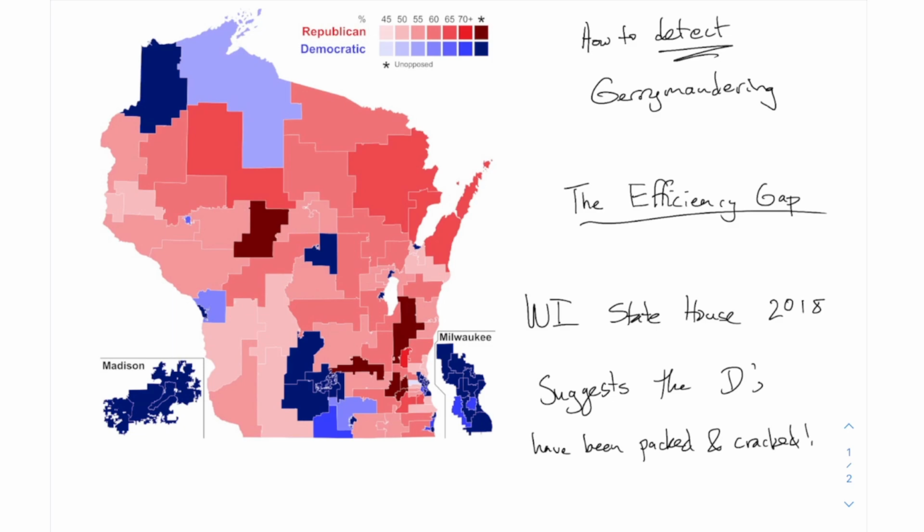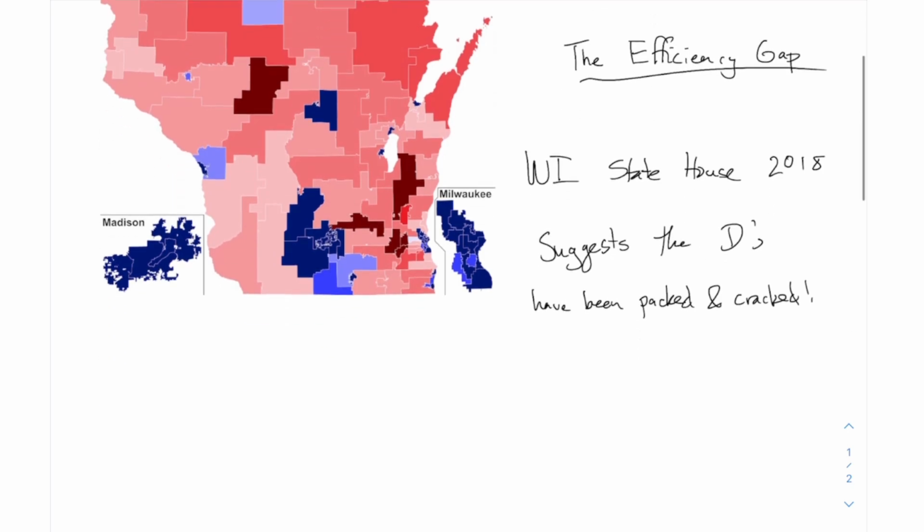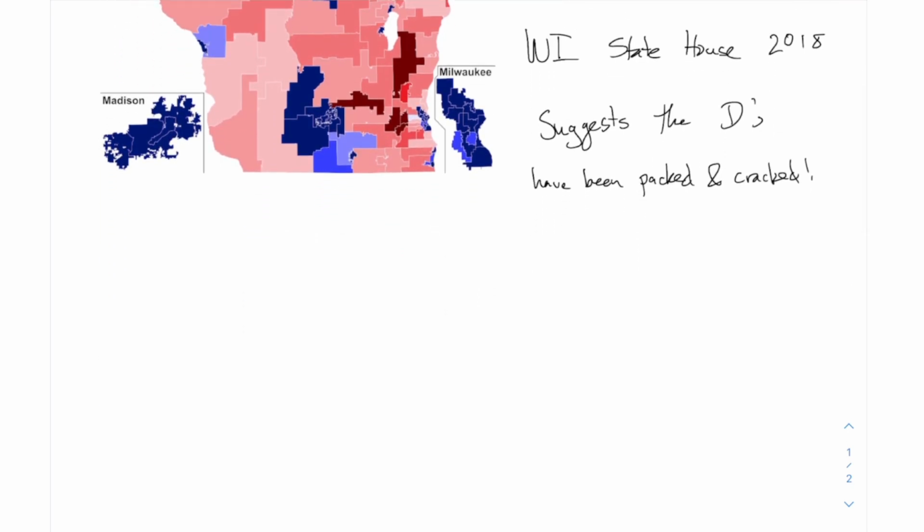All right. Anyway, let me tell you something about the numbers here of how this worked out. These are 2018 statistics. Statewide, 53% voted for Democrats and 45% voted for Republicans, and a few percent voted for somebody else.